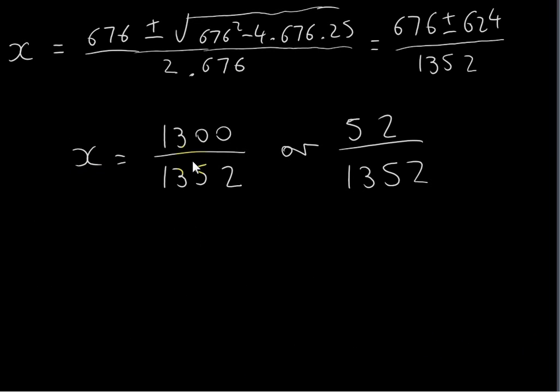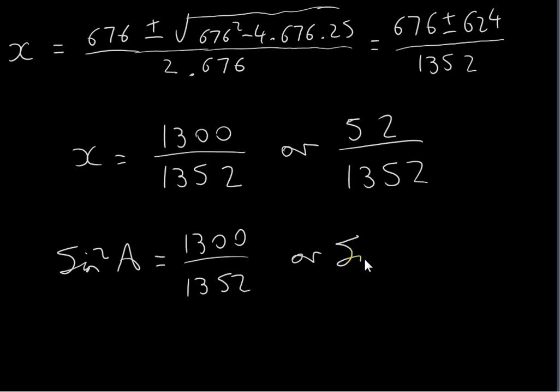So now that's two values of x, and since x is equal to sine squared a, we know that sine squared a equals each of these, so we just have to take the square roots.